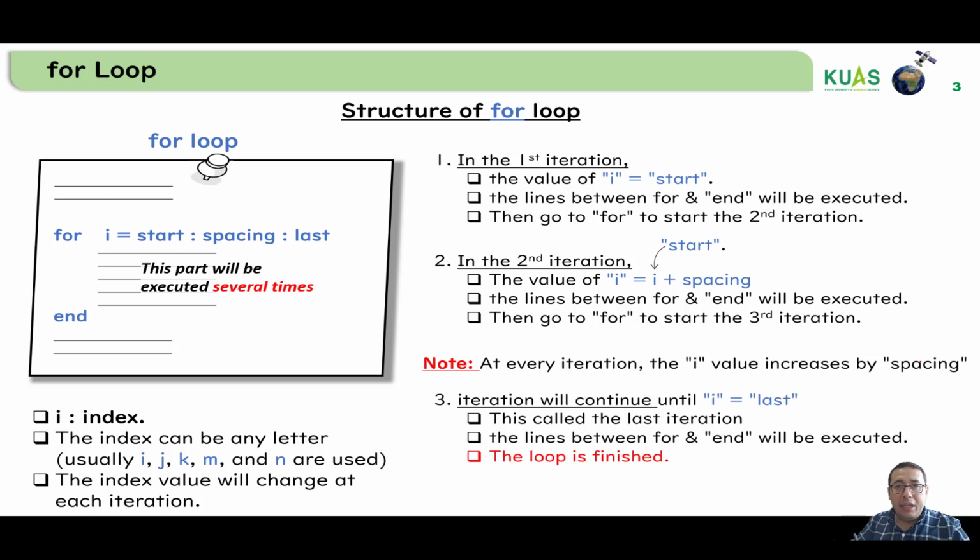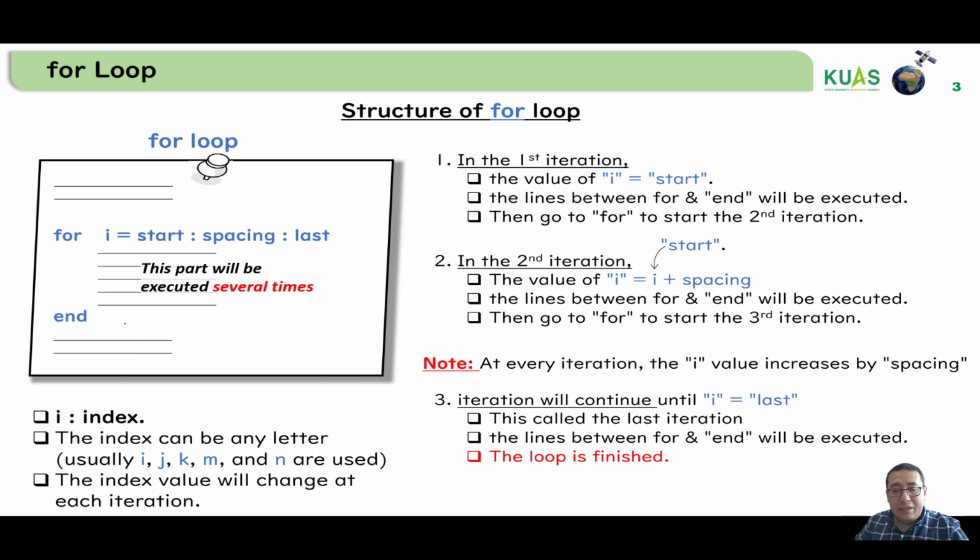This process will continue until we reach the last iteration, in which the i value will equal the last value. In that case, we execute all the lines between the for and the end, go to end, finish the loop, and then continue the code. So we will not go back every time.